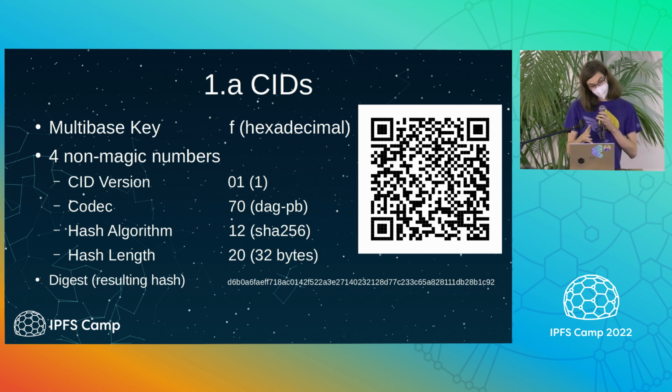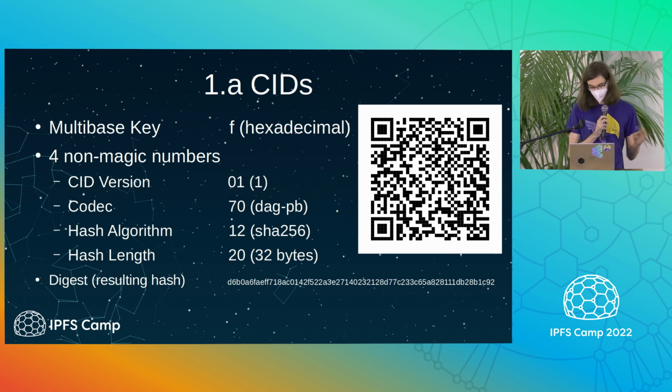The first point, which is not actually UnixFS, is what a CID is. It's the key we use to link to files in IPFS. It has multiple fields. The multibase key tells you how to decode the data into binary. Then once it's in binary, you can parse it to give us other things about the CID.